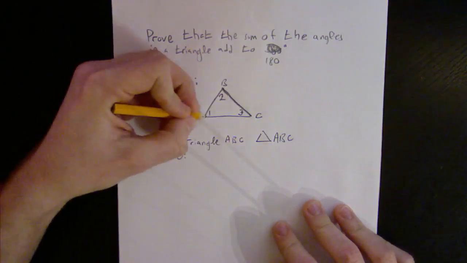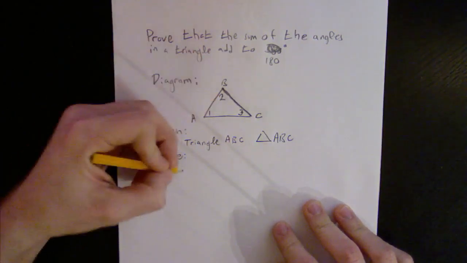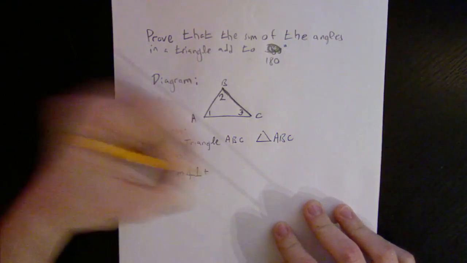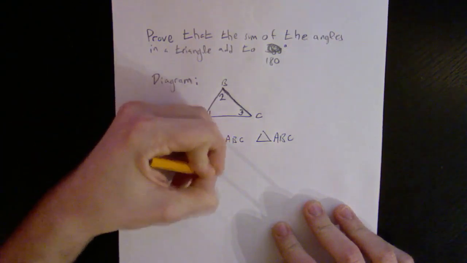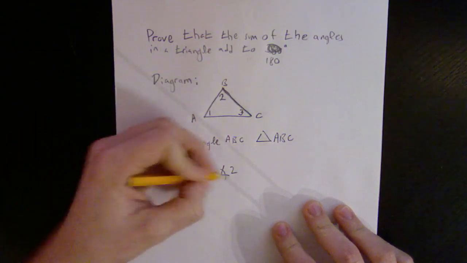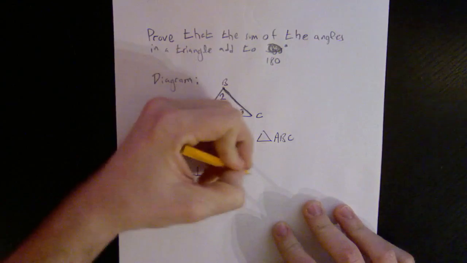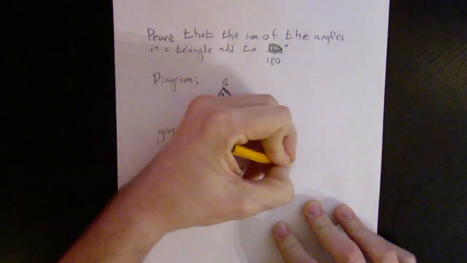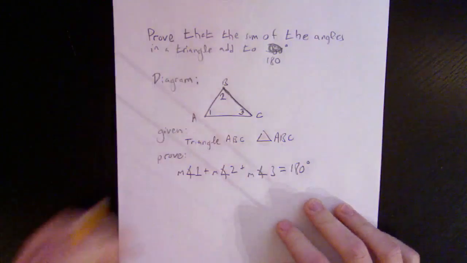I labeled my angles, so I'll write it as the measure of angle 1 plus the measure of angle 2 plus the measure of angle 3 adds up to equal 180 degrees.